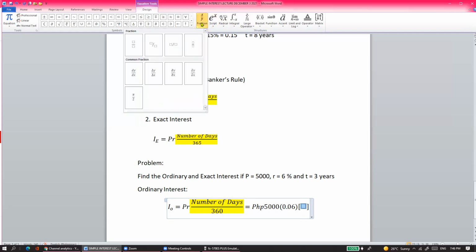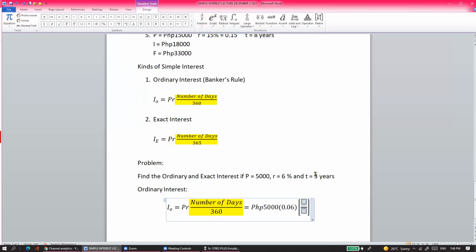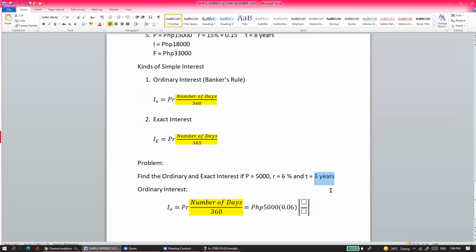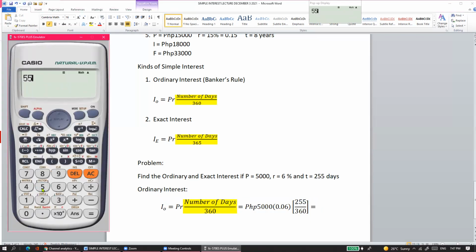Palitan ko yung given, nagawa ko siyang years. Okay, assuming we have 255 days. So I'll type here as 255. But the denominator that I will use is 360. Yan. So ganyan lang siya kadali. So hanapin ko ngayon ang value ng ating I sub O, ng ating ordinary interest. So look at the way I will type. You just do it directly if you have a scientific calculator. Times 0.06.